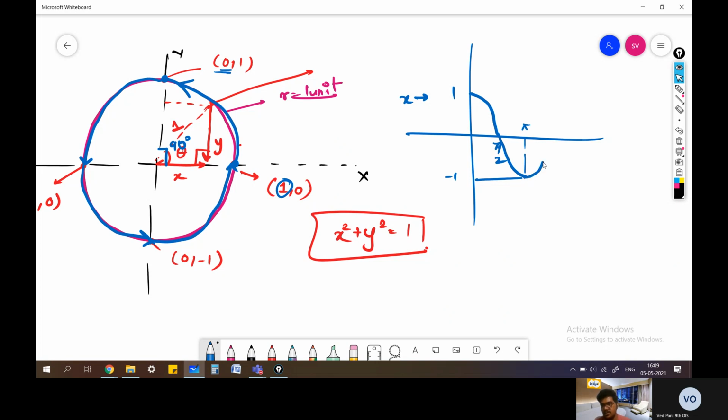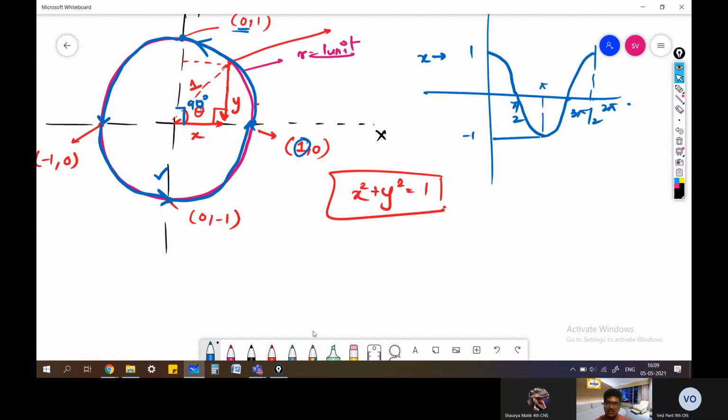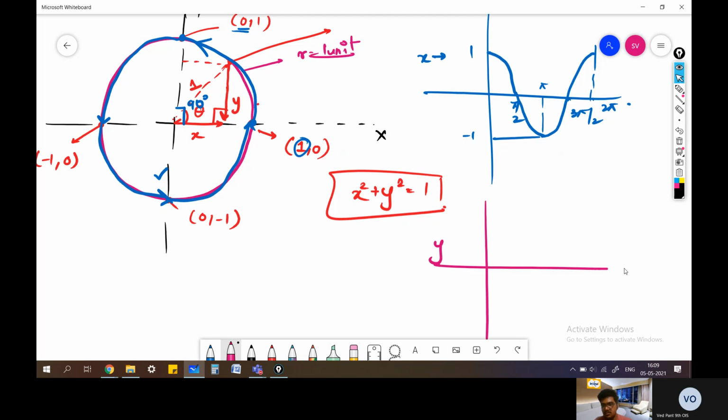Then at 3 pi by 2 it is becoming 0, then again it is becoming 1. So it keeps on repeating like this. This is my x. Similarly, if I plot for y also, from 0 it is becoming 1, from 1 it is becoming 0, from 0 it is becoming minus 1, and then again 0. This is moving like this.